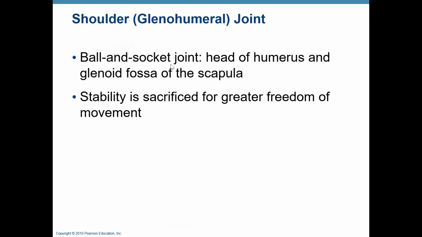Okay, the most freely movable joint, which is the ball and socket joint, is in the shoulder. Because there's a lot of movement allowed in the shoulder joint, there's not much surface area where the humerus meets the scapula to keep it in place. Therefore, you're getting a lot of free movement, right?